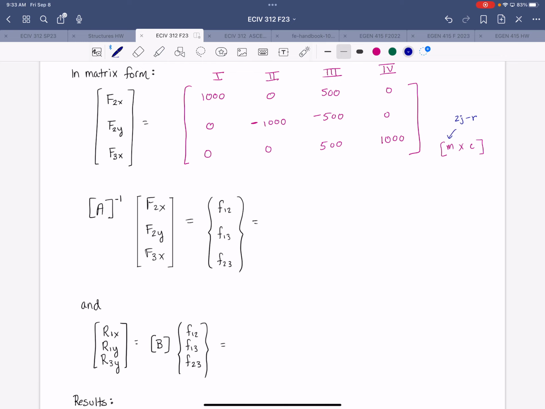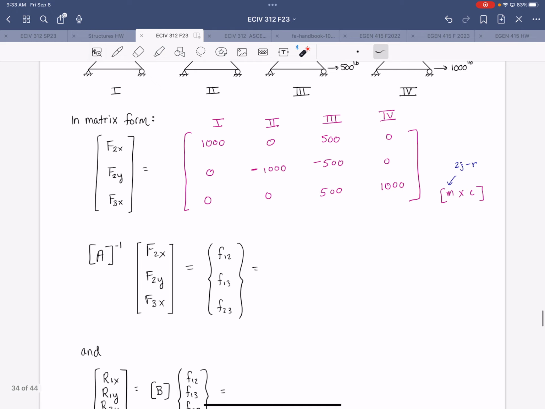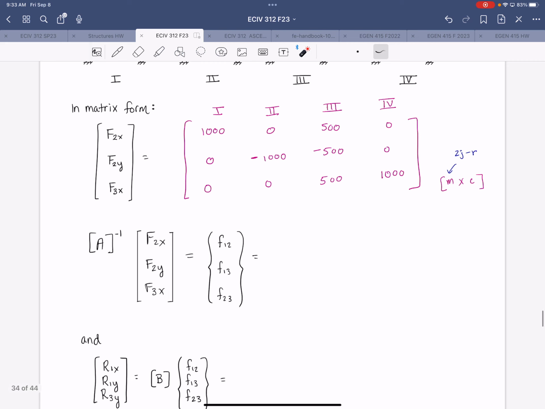All right, so then we take that square and invertible first partition, invert it, and pre-multiply both sides of that equation. Now we know values for this matrix, so we plug that 3 by 4 in.